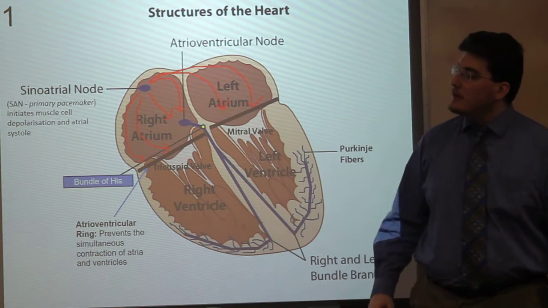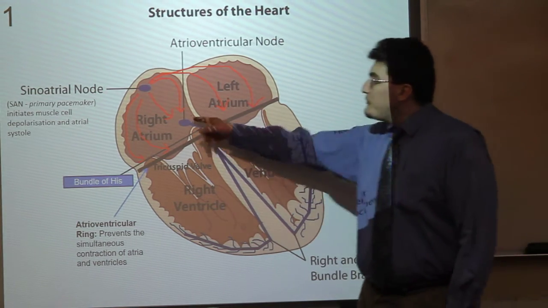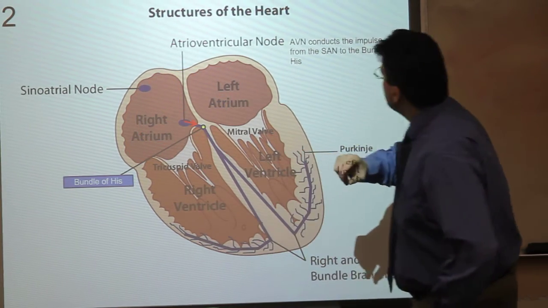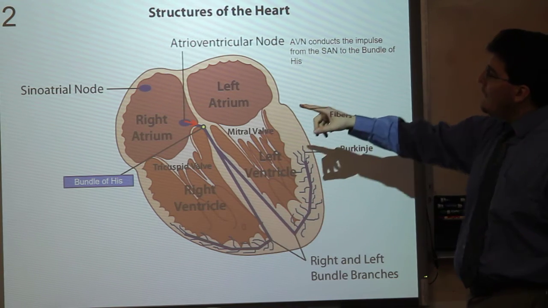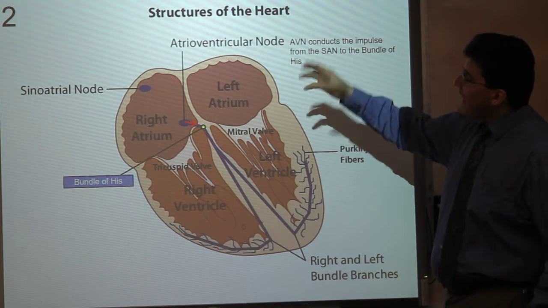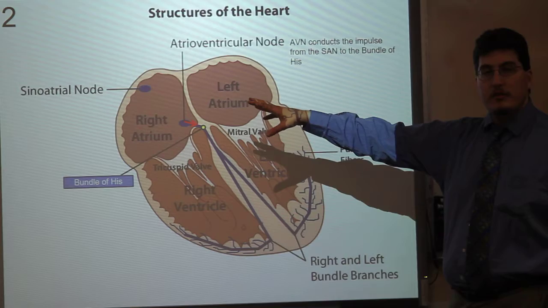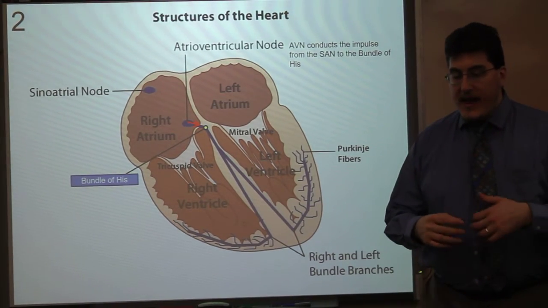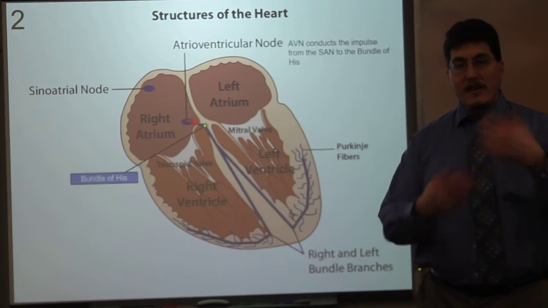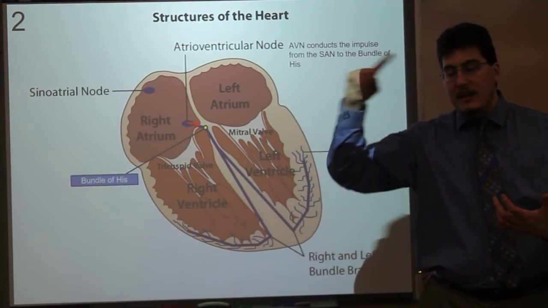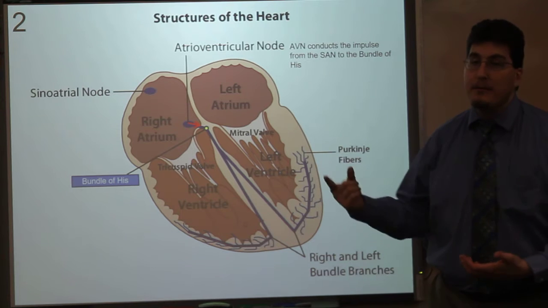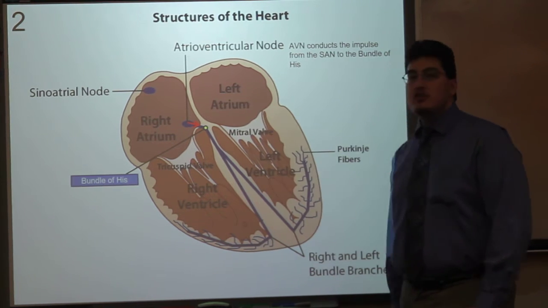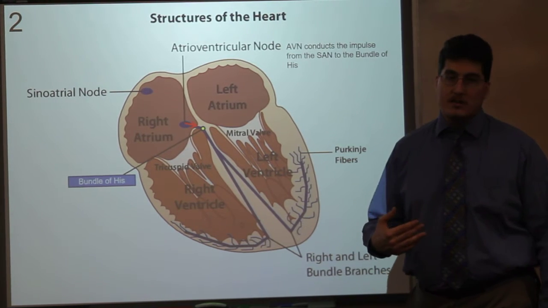The atrioventricular node is going to pass that impulse from the sinoatrial node along the bundle of His, which is a connection between the atrioventricular node and a pass-through fiber through the atrioventricular ring down into the ventricular portion of the heart.